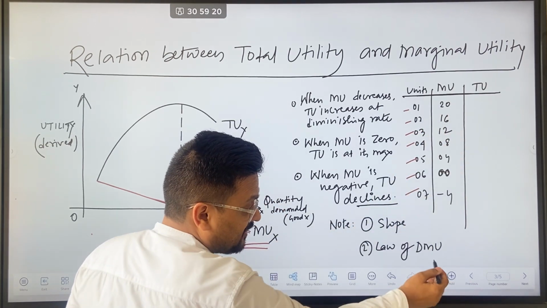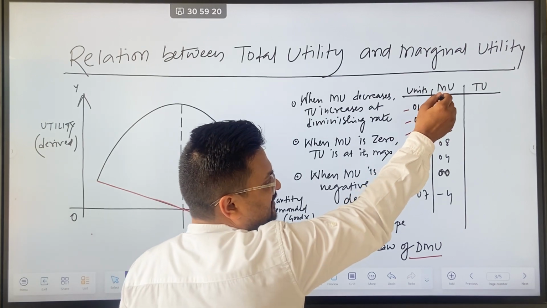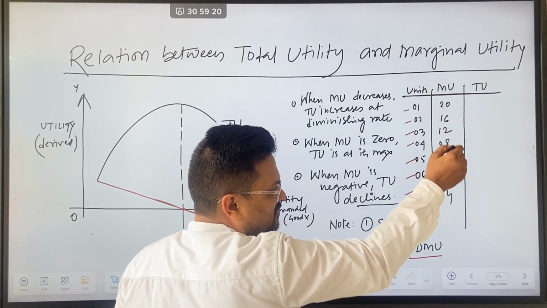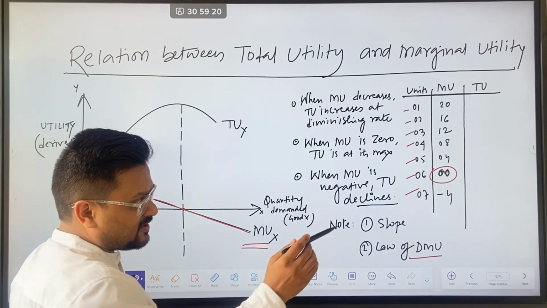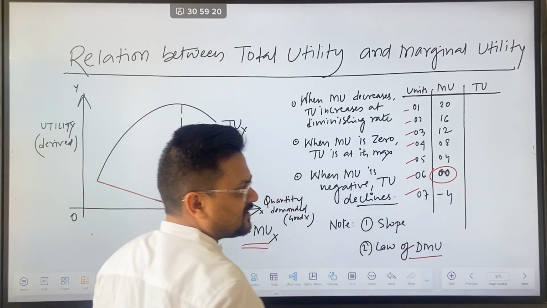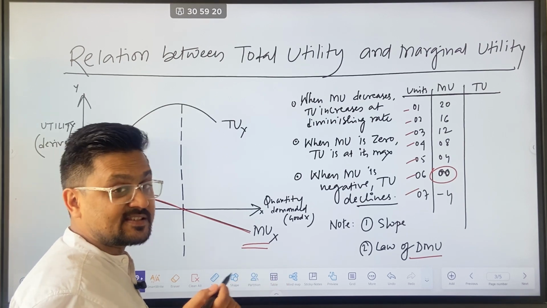It is because of the law of DMU. Now, along with these decreasing values, we also have a value which is 0, which shows that the marginal utility derived at the 6th unit is 0.